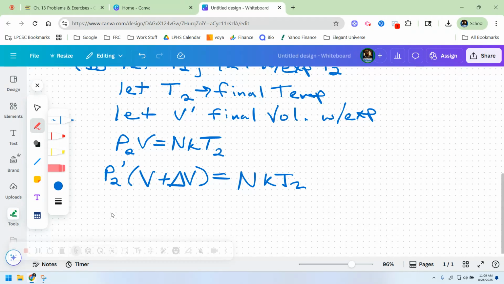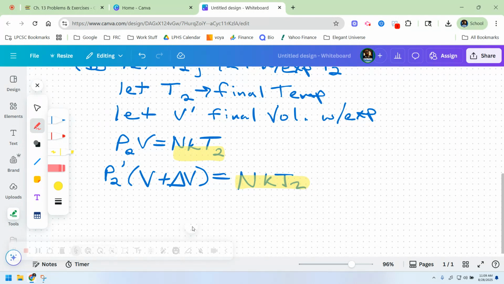So P prime is equal to V naught. Yeah. So the algebraic manipulation, I think if you take P and divide it by P prime, you can get the change in volume, right? So essentially, they're both equal to NKT2, right? Do you see that? This is going to be equal to this, and this is going to be equal to this.